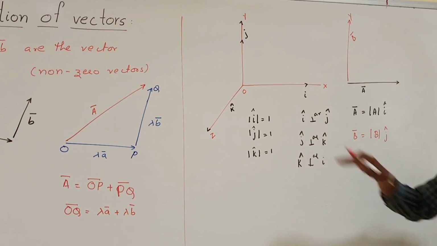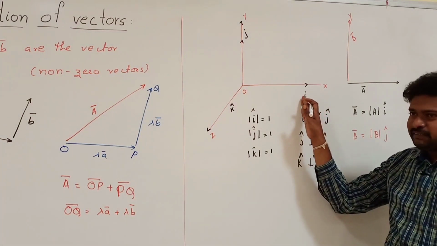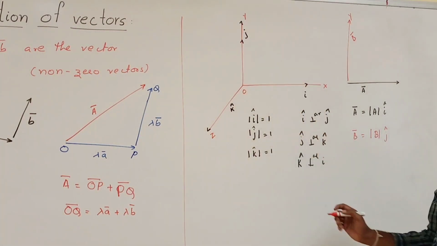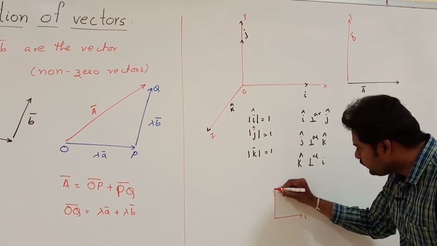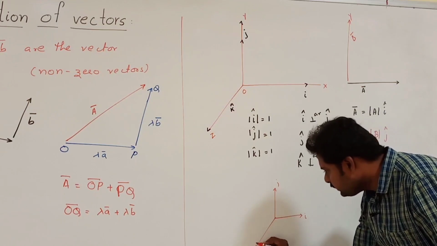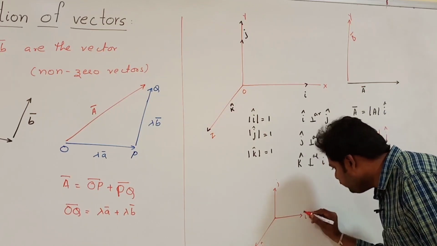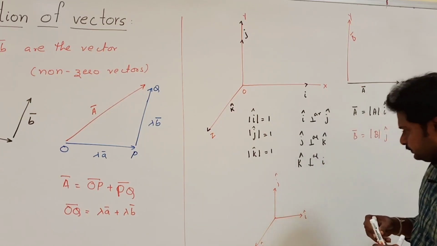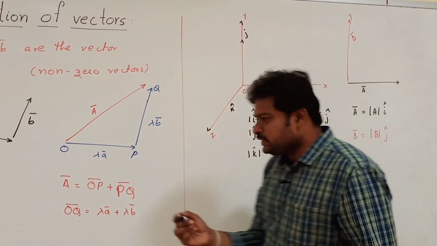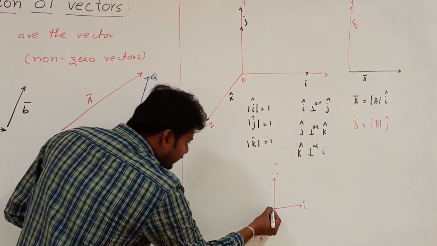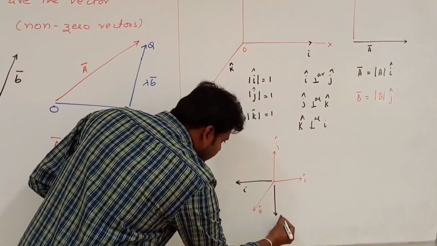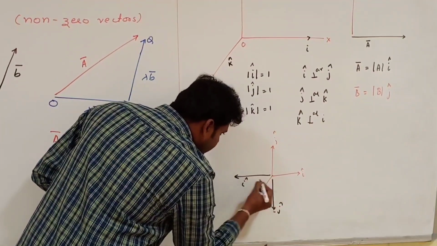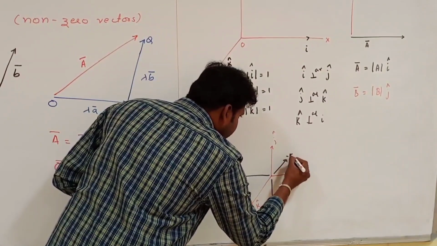Of course, there is plus i vector and minus i vector. Similarly, you write i, j, k, you can make it with a cap, no issue. In the opposite direction, you write minus i vector, minus j vector and minus k vector.